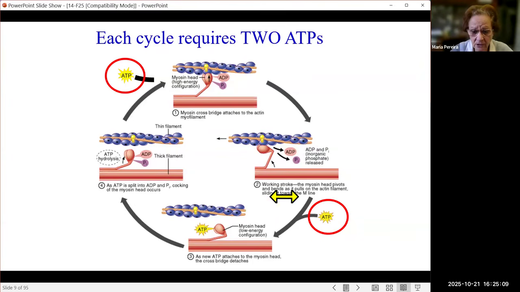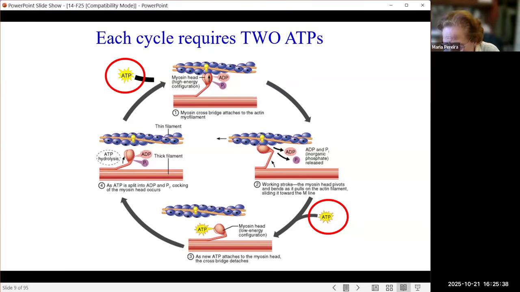And then you have another ATP that allows for the myosin and the actin to become apart, to separate. So now you have the separation, and now it moves again to the next actin. So you have two ATPs that are necessary for the sliding of the thick and thin filament upon each other.